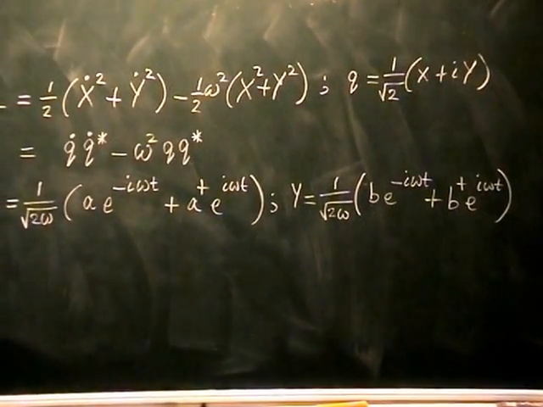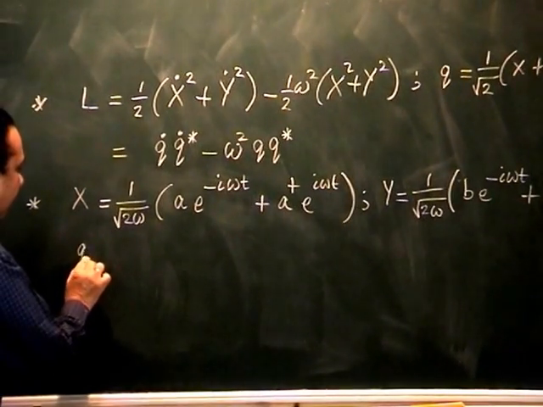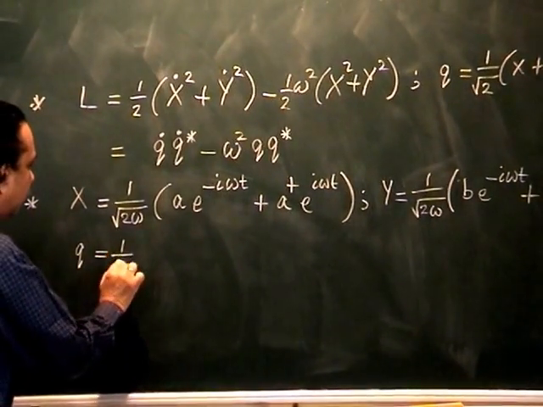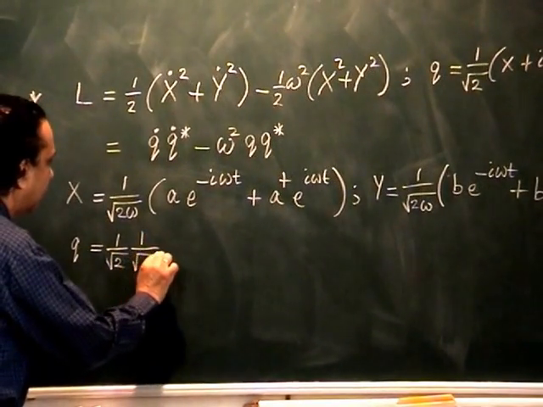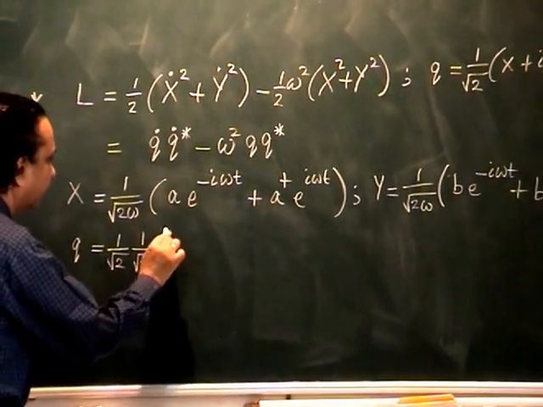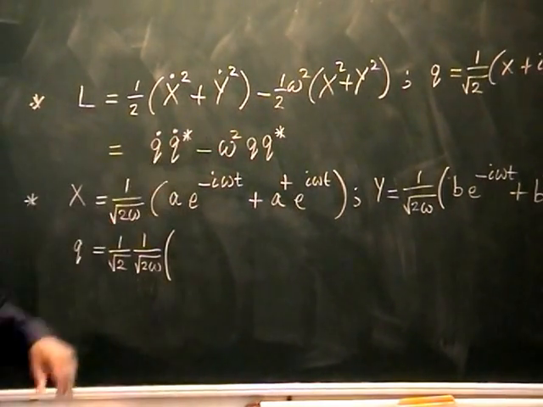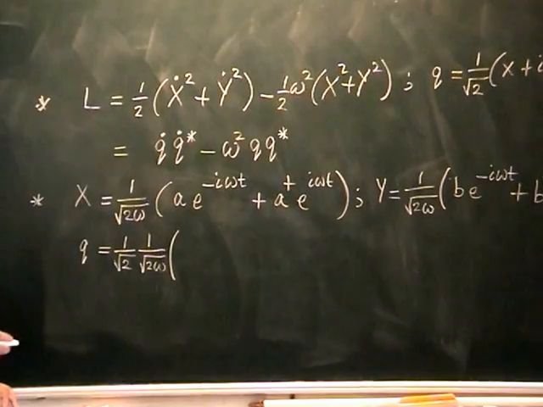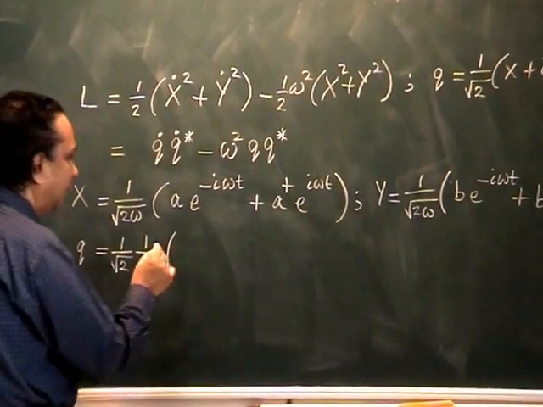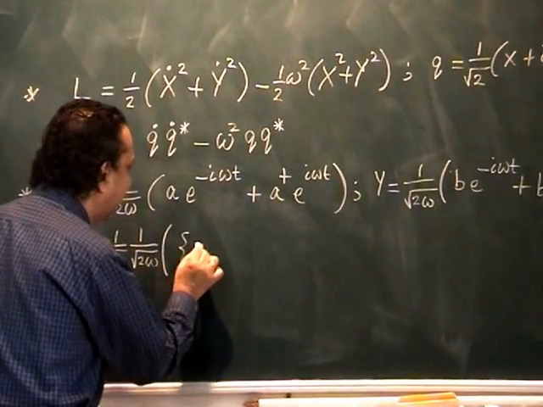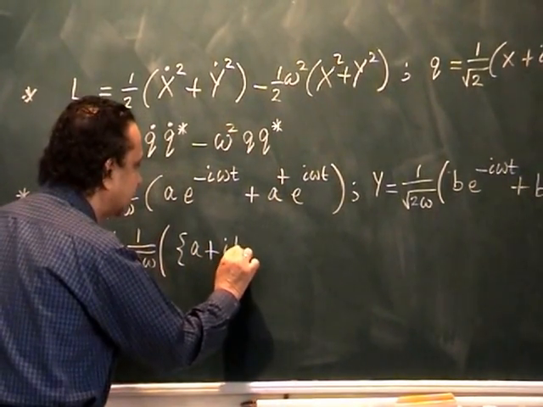Now let us look at Q. What happens to Q? Q will turn out to be 1 over root 2, then 1 over root 2 omega. I have to take x and add to it iy. So let me group the e to the minus i omega t and e to the plus i omega t separately. Just watch out for algebraic error, here it can be a complete disaster.